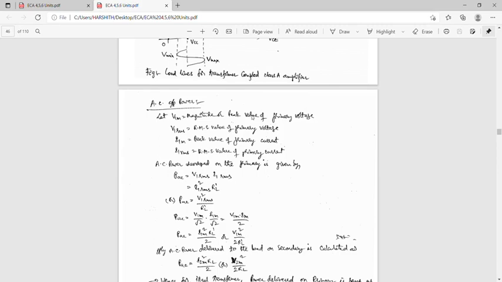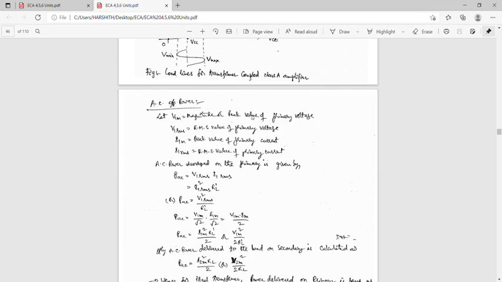Vm is the peak value of the primary voltage, VRMS is the RMS value of the primary voltage, Im is the peak value of the primary current, and IRMS is the RMS value of the primary current.